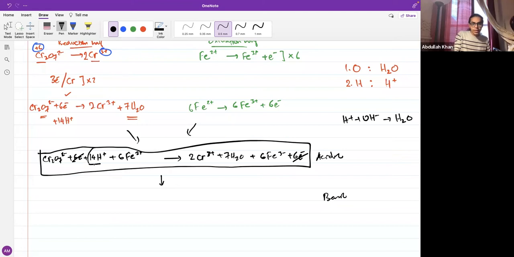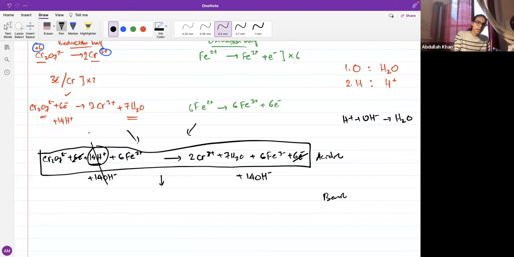Now look, 14H plus. I see an H plus here, so I'm going to add an equivalent amount of OH minuses, 14 OH minuses, and then take them out. Oh, by the way, you have to do the same thing on both sides. This is the only step where you add something to both sides because you're dealing with an already balanced equation. So you add 14 OH minuses on both sides.